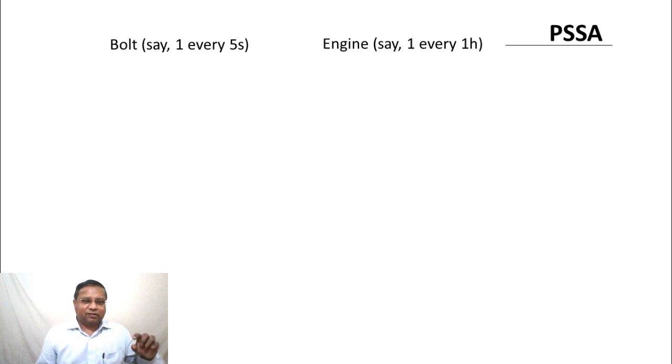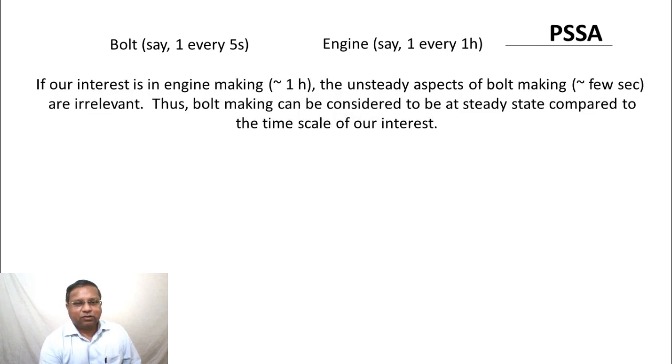We said since this is made every 5 seconds and this is made every hour, even if it takes 7 seconds or 3 seconds or 4 seconds to make a bolt, that variation in time, the unsteady nature of this process, will not affect the nature of engine making. Because this process is very fast, this process is very slow. If we focus on the slower process, then the much faster process can be assumed to be at steady state, whether it is actually at steady state or not. That is the pseudo steady state approximation.